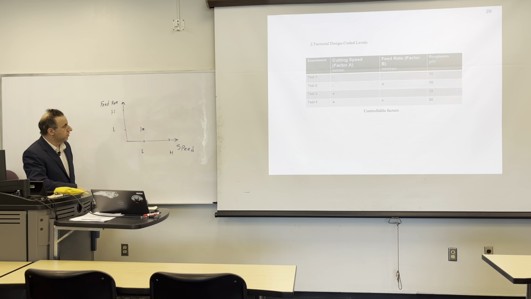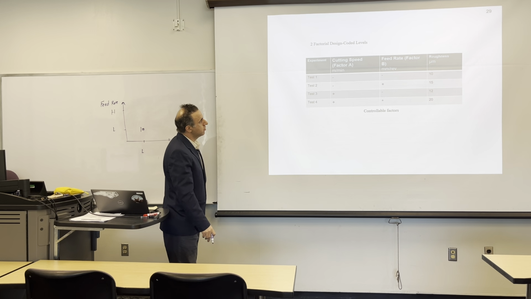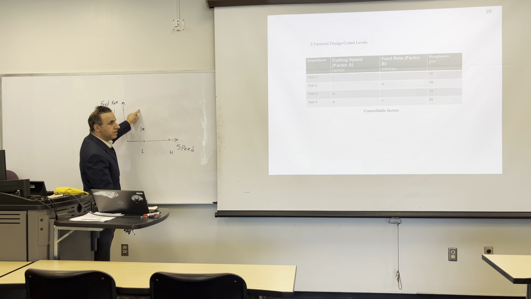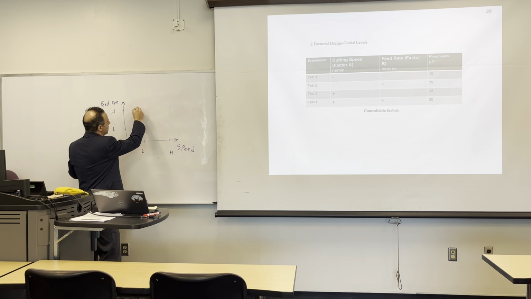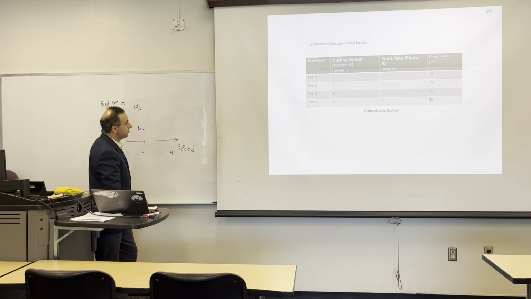Correct? And then feed rate low and speed high. What would be that value? We're going to be here, right? And that is 15. What else?